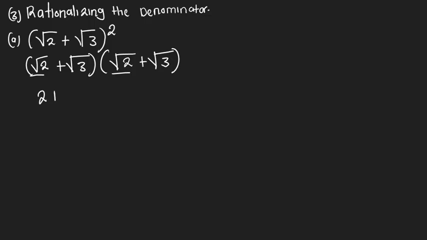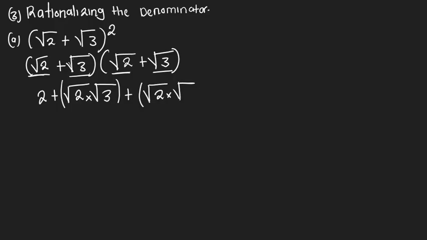It is 2 plus. What is root 2 multiplied by root 3? It is root 2 multiplied by root 3. We go to this guy. What is root 3 multiplied by root 2? It is root 2 multiplied by root 3.